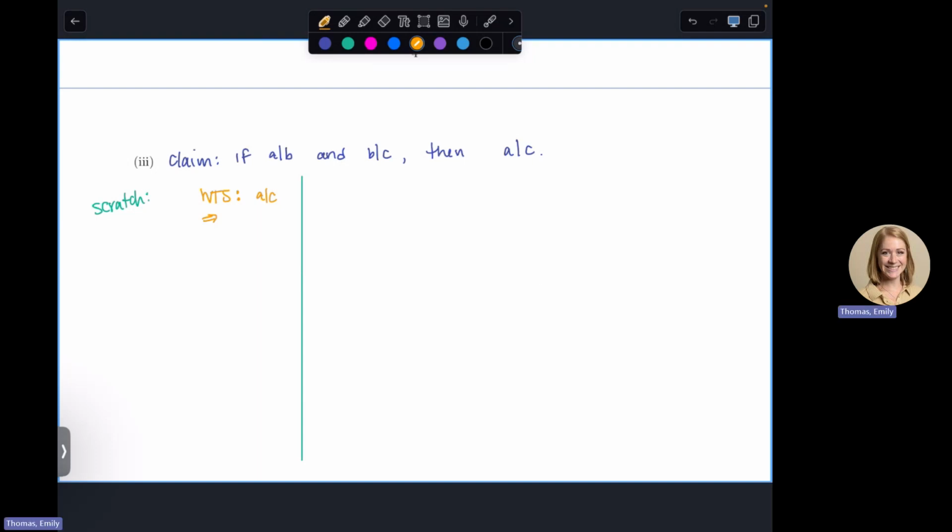Because that bar makes no sense to us for what we're actually going to be doing. What is it that we're going to show? Yep, that C equals A times an integer. We don't know what that integer is, we're going to find it. That's the definition of divides.